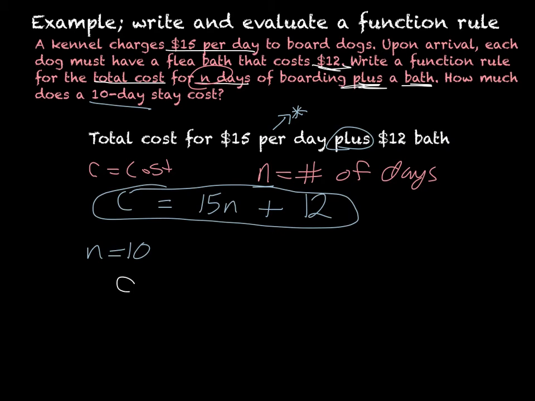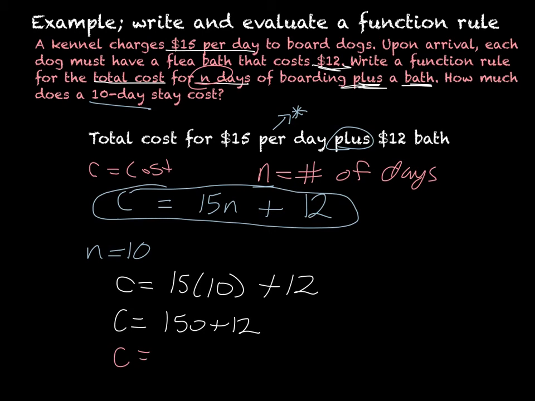So I have C equals 15 times 10 plus 12. So my total cost is going to be equal to $162 for a 10-day stay.